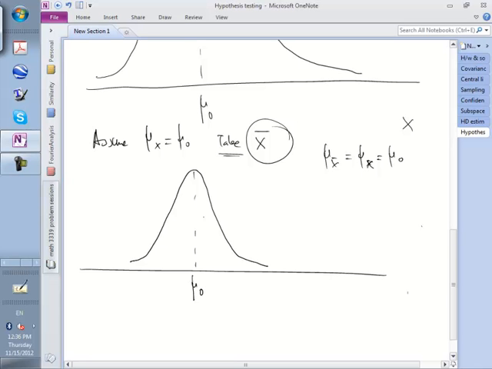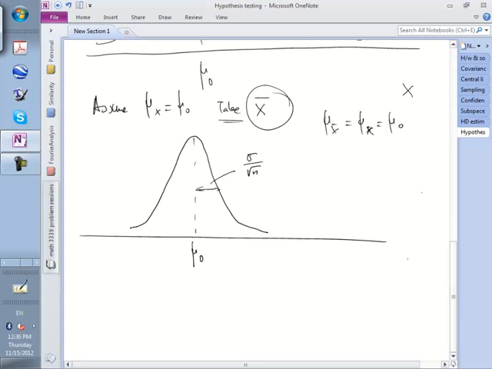But now the standard deviation is sigma over the square root of n, where n is the sample size and sigma is the standard deviation of x. So this is what I expect to see.